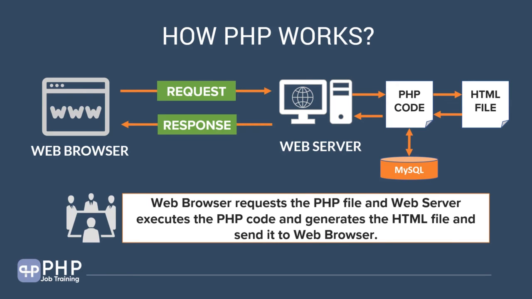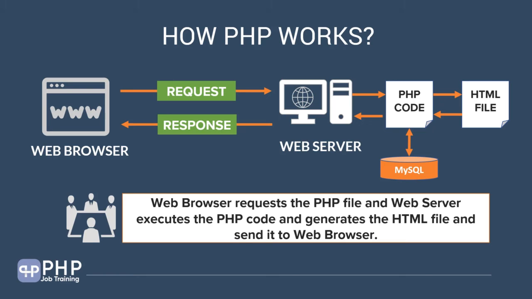So a proper definition of how PHP works we can explain like this. A web browser requests the PHP file and the web server will execute the PHP code and generate the HTML file content, and then it sends that content to the web browser, and then the web browser is able to print the HTML code.